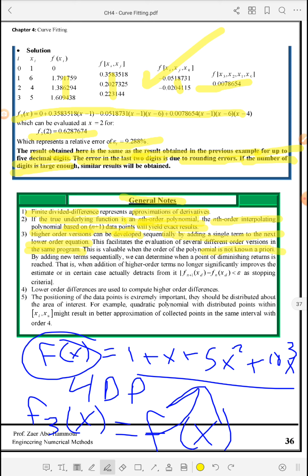If the order of the polynomial is unknown, then this scenario is very nice. So we keep adding new terms, and we determine the point of diminishing return according to this case.